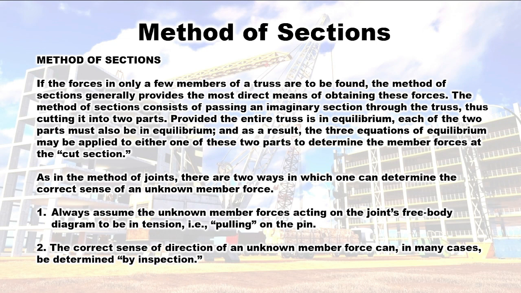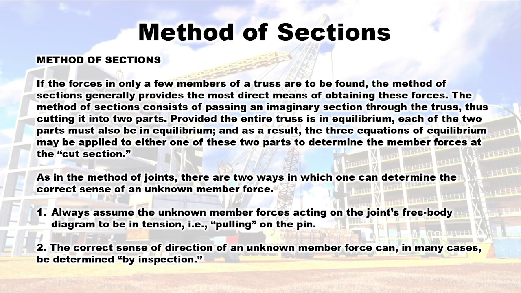Another method of analysis is the method of section. So what is the method of section? If the forces in only a few members of a truss are to be found, the method of section generally provides the most direct means of obtaining these forces.